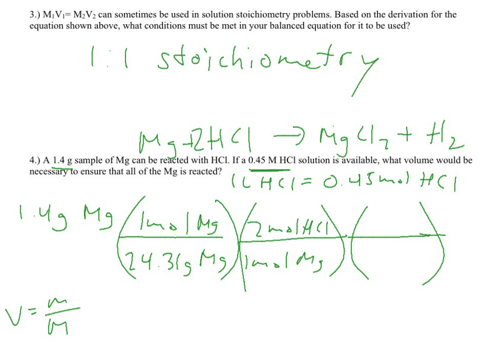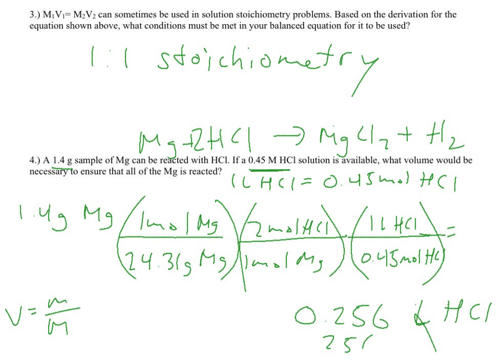If those are equal, we can use that as a conversion factor, with the moles of HCl on the top and 0.45 moles of HCl equivalent to 1 liter of HCl for this solution. So for this solution to use up the 1.4 grams of magnesium fully, what we need is at least 0.256 liters of HCl, or 256 milliliters.